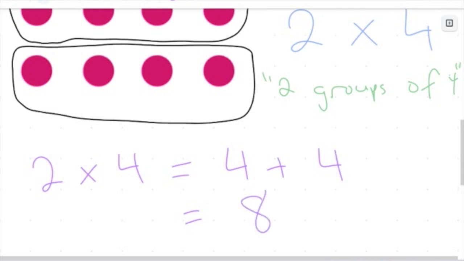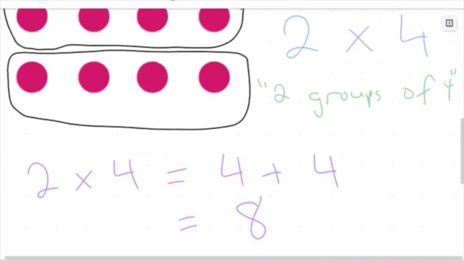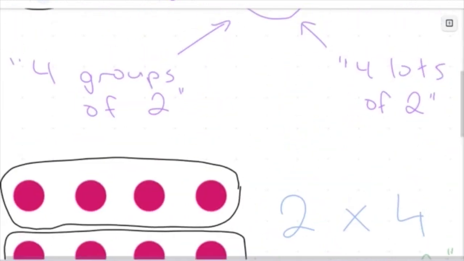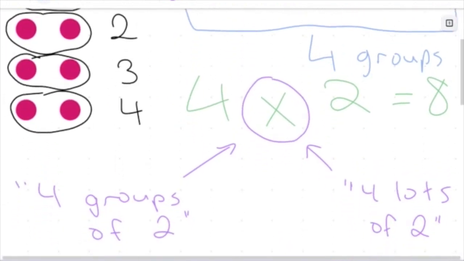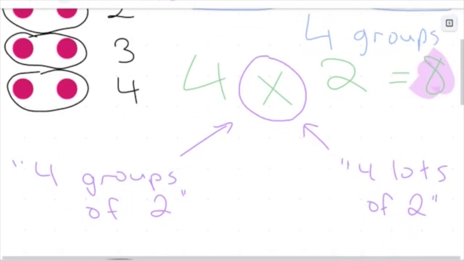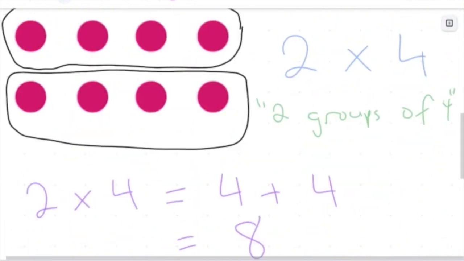So when I multiply, it doesn't matter which way I do this. See here I have 2 times 4. Up here I had 4 times 2. And I got the same answer. I got an 8 here and I got an 8 here. So these are commutative. The order in which I do it doesn't actually matter.